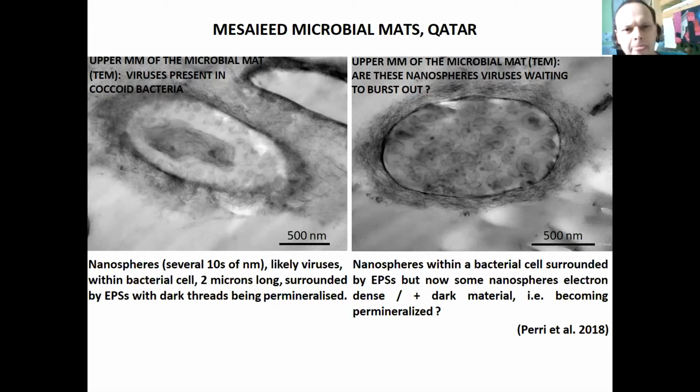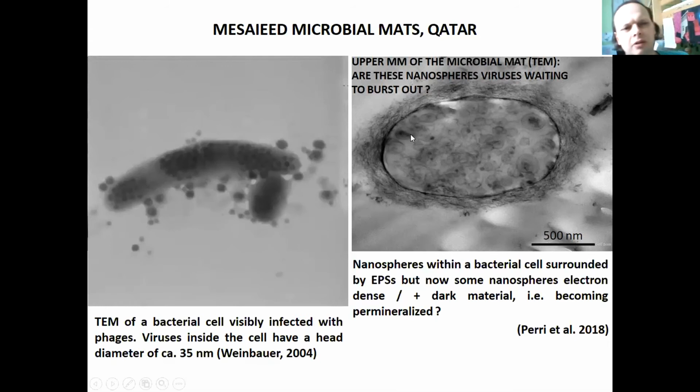Next, we have a laboratory image of the same process, where a bacterium, have a look, is filled up with numerous viruses, icosahedral in shape, compared with this one, here maybe more spheroidal, which are also waiting to burst out. Okay, the process called lysis, just to remind all of you.